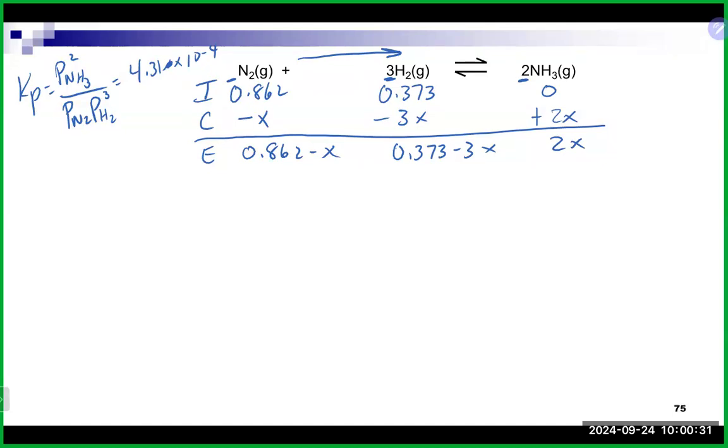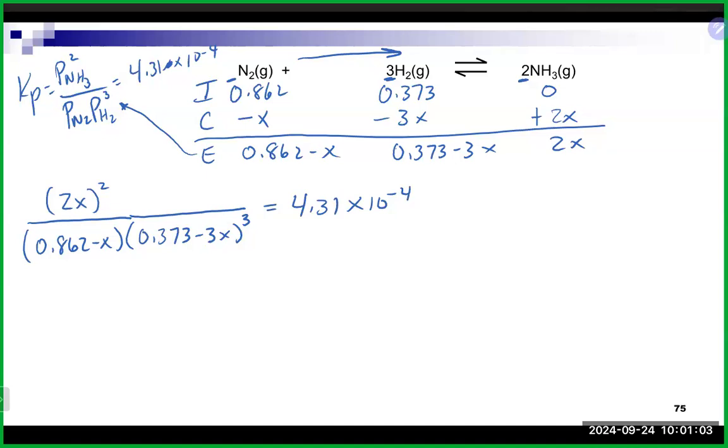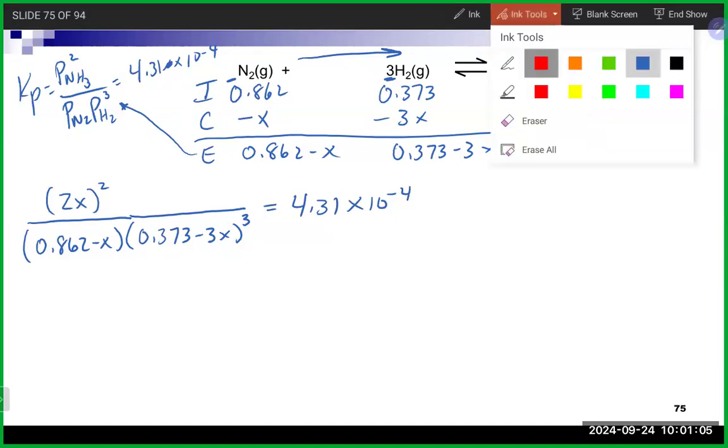All right, so like normal, we're basically going to take our equilibrium line and put it into our expression here, and that is going to give me 2x squared up on top, products over reactants, 0.862 minus x, and 0.373 minus 3x cubed is going to equal 4.31 times 10 to the minus 4 in terms of our KP value in this particular case.